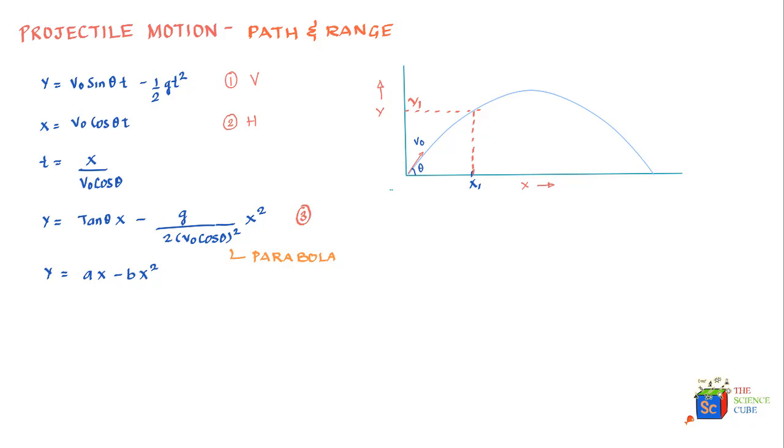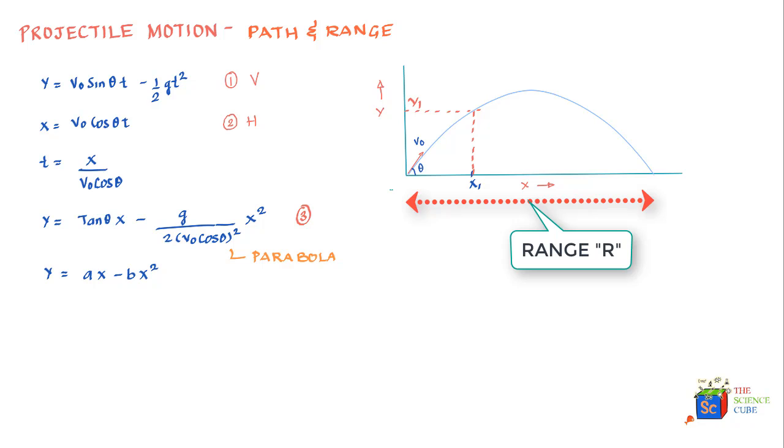That takes us to another very interesting part of projectile motion, and that is the range of a projectile. The range of a projectile is nothing but the horizontal displacement of a projectile when it reaches the same height as it was at the time of projection.